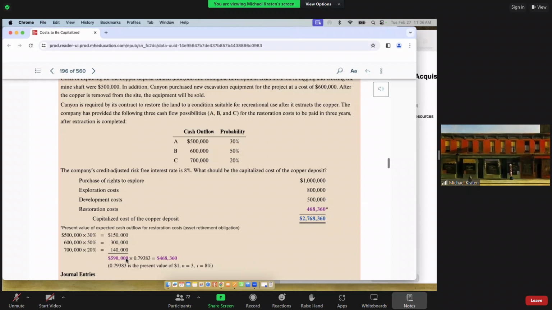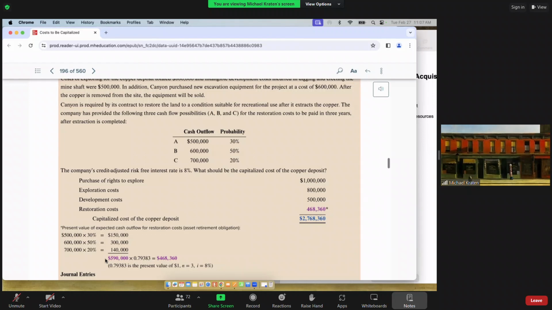The second ugly part is you're not going to have to spend it until sometime in the future. And therefore, the cost today of this future expenditure is the present value of 590, which is 468,360.